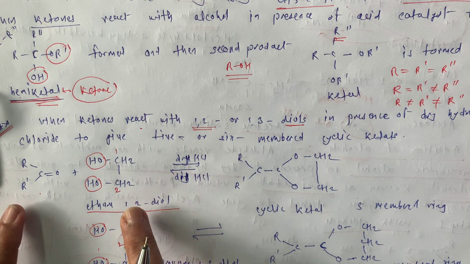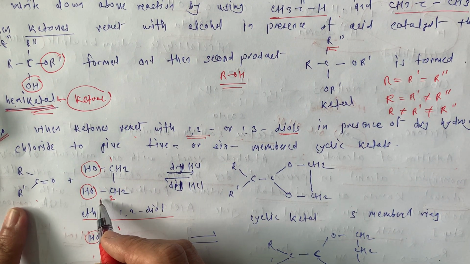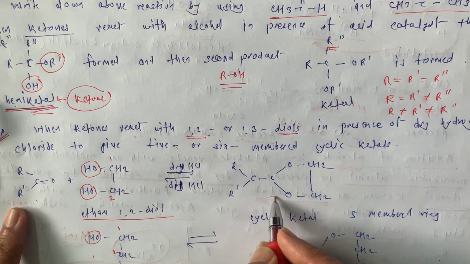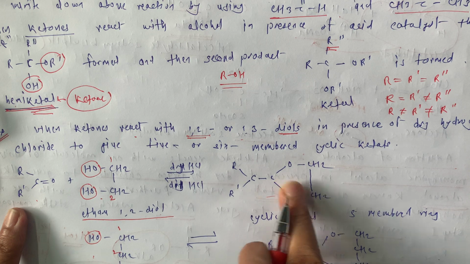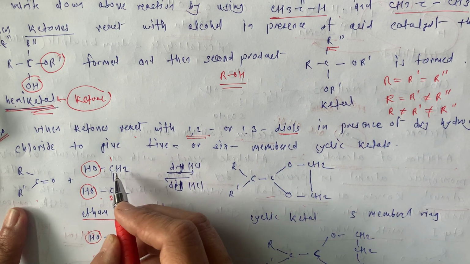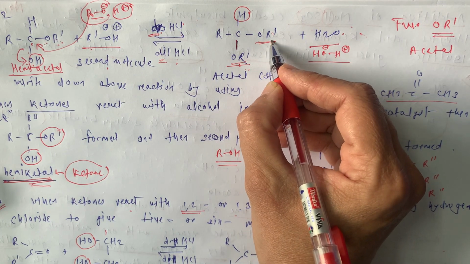Okay, and now what is going to happen? As this is very reactive, in a single step we get the addition product. Here it is, try to understand. This is OR dash.